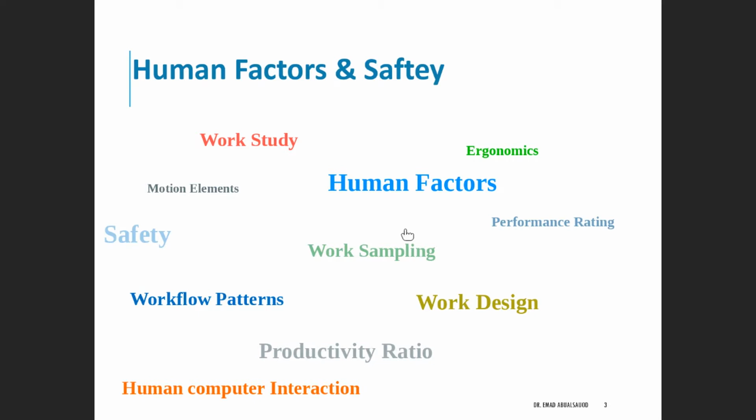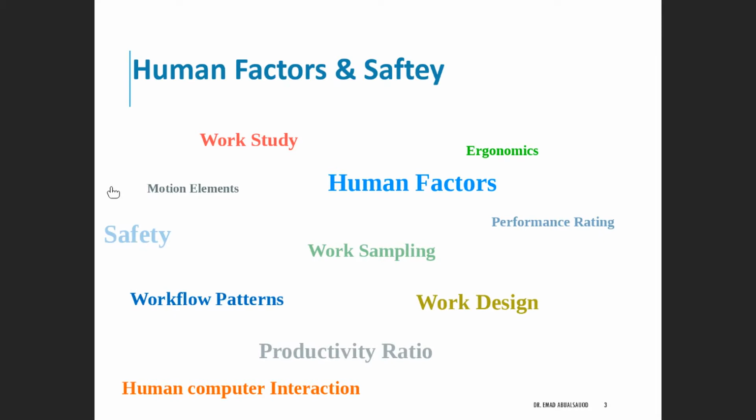Also, you will take a course named ergonomics, and this course includes human-computer interaction and also human factors. There is an elective course also for safety. So these methods or techniques, you will explore in more detail later when you take the courses under the area of human factors and safety.